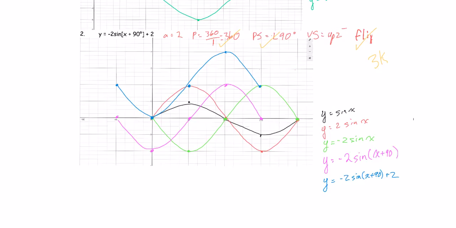Your next set of marks is out of 4. Basically, you're getting a point for the stretch, a point for flipping it, a point for graphing the phase shift, and a point for graphing the up and down. And that's it.